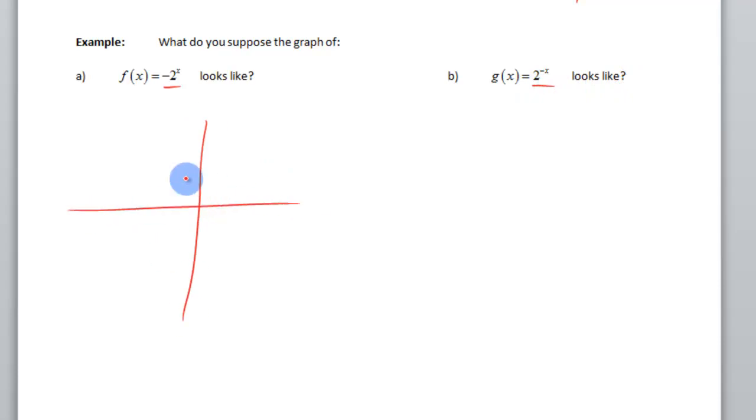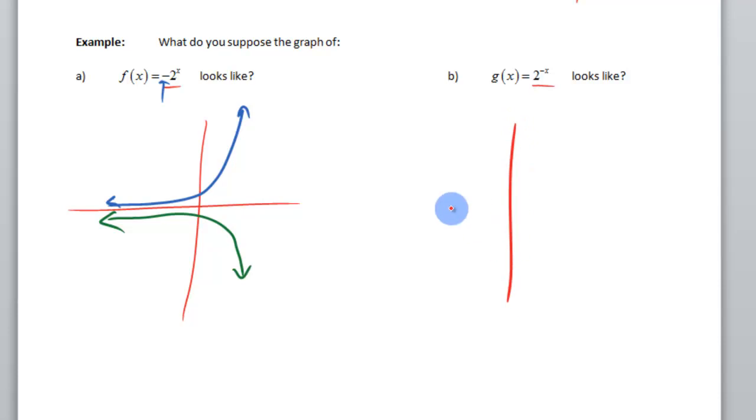Well, remember, 2 to the x looks like this. If you put a negative out front, that would flip it over, right? Because it takes the opposite of all these guys and flips it over. So the minus would look like this. Alright, what about this one over here? We have 2 to the minus x, so we'll do 2 to the x looks like this again.